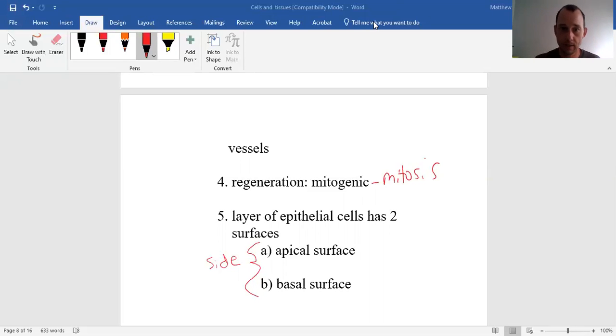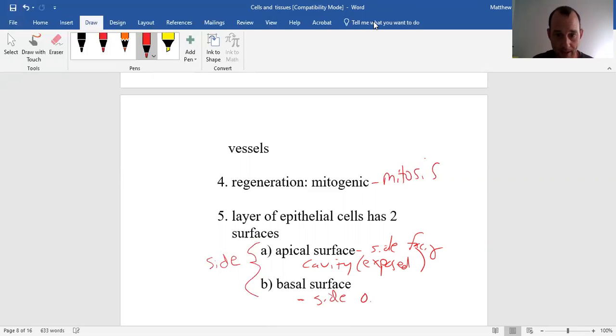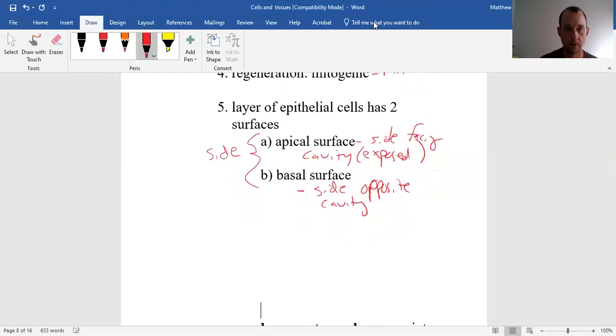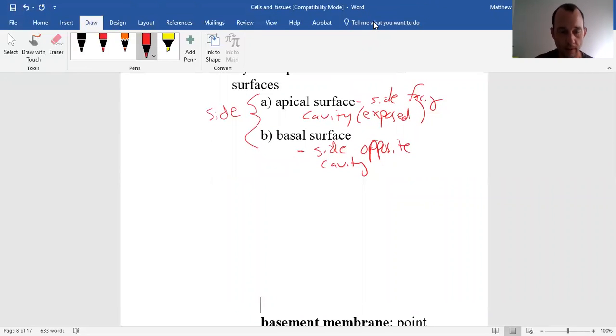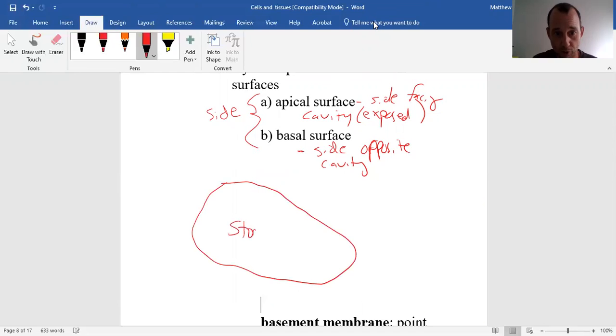The apical side always just means the side facing the cavity or the exposed surface. The basal surface is the side opposite the cavity or the surface. In other words, let's take, for example, that this is your stomach.